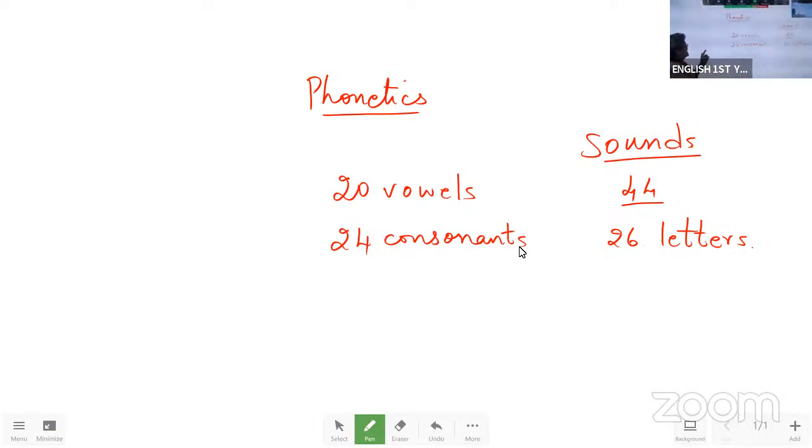Just imagine, there are 20 vowels and 24 consonants, while in English, we have only 5 vowels. They are A, E, I, O, U. Only 5 vowels, but in phonetics, we have 20 vowels.